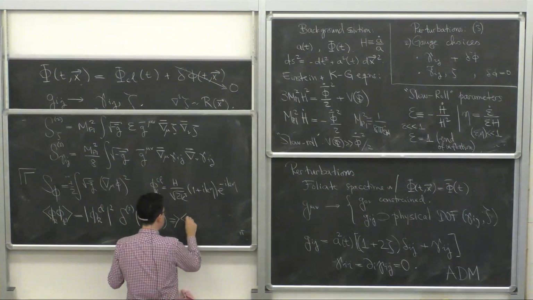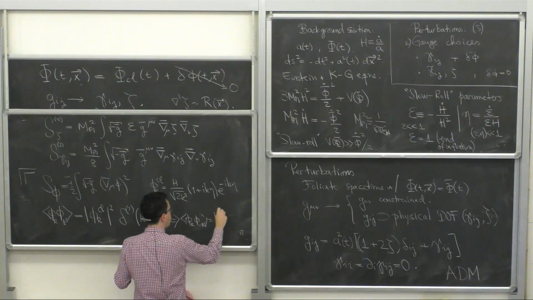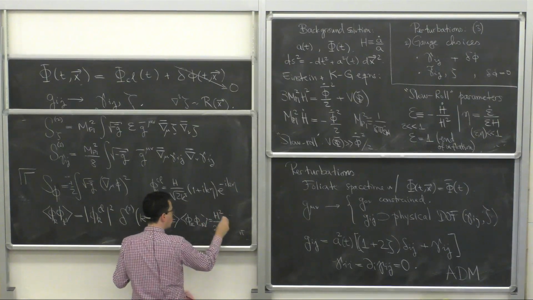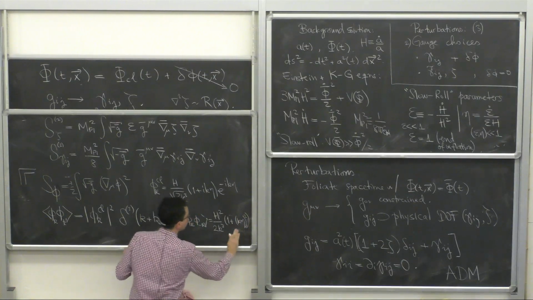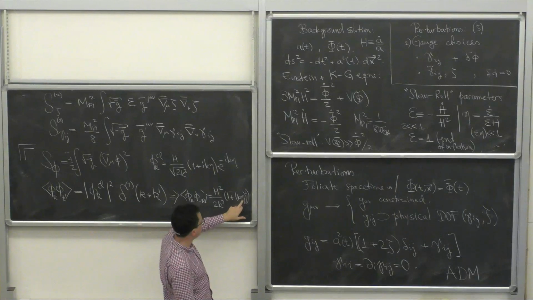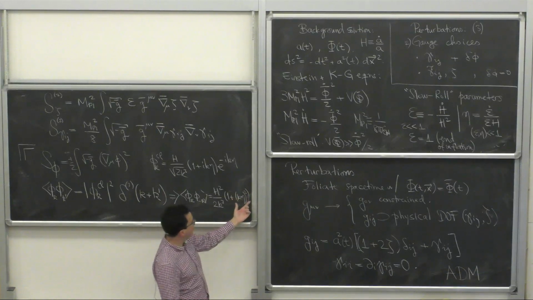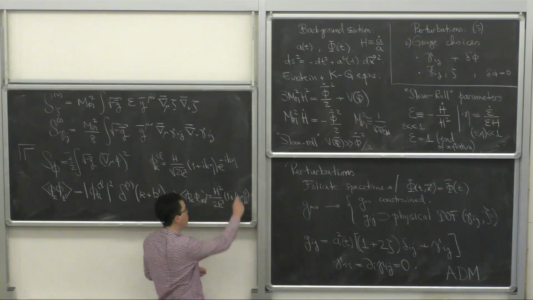So phi k, phi minus k is going to be H squared over 2k cubed, times 1 plus k eta squared. Okay? So at what eta should you evaluate this? As long as the mode crossed the horizon, when k eta is much less than 1, you make a very small mistake by just neglecting this compared to 1. So you can just drop it.